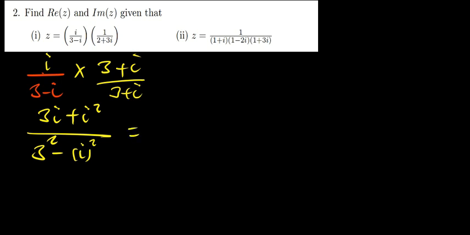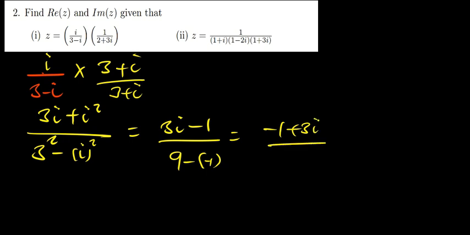So it will be 3i minus 1, because i squared is negative 1, then 9 minus negative 1, which is 10. So that part is negative 1 plus 3i divided by 10.